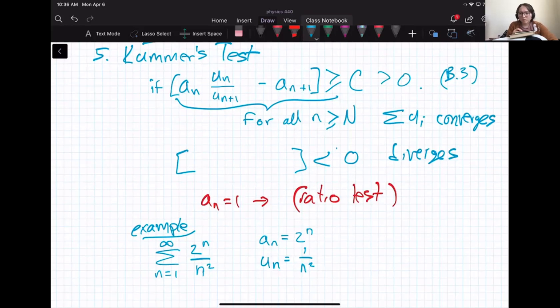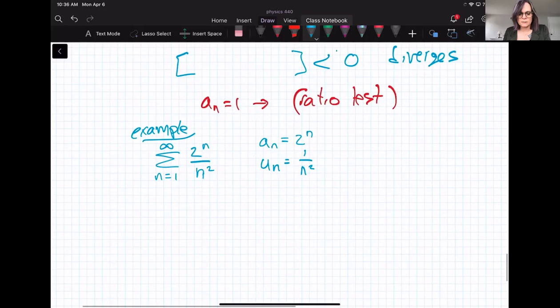Okay. Yeah. So if we look at this and we use this test, what we have is 2 to the n times n plus 1 squared over n squared.